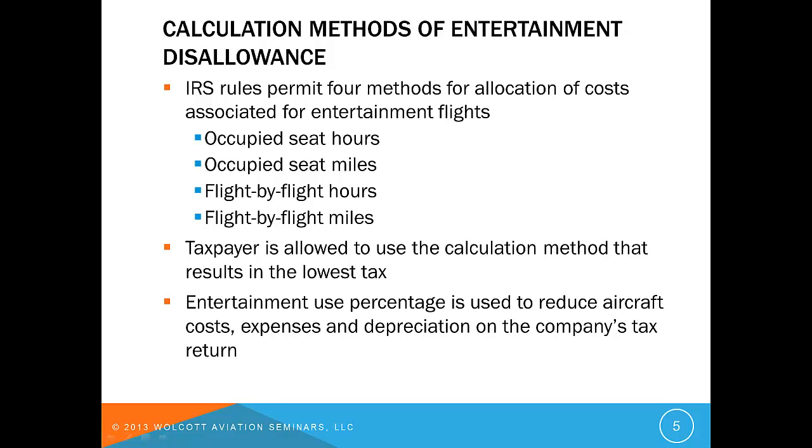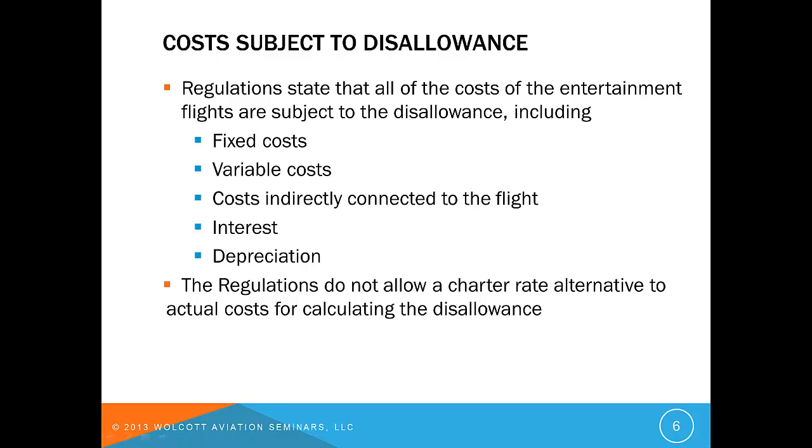There is the occupied seat hour calculation method, occupied seat miles, flight-by-flight hours, and flight-by-flight miles methods of calculation. The taxpayer is allowed to use the method that works the best and results in the lowest tax. Entertainment use percentages are used to reduce income tax, expenses, and depreciation on the company's tax return.